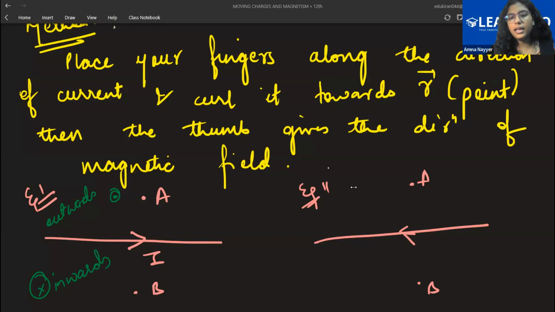So A is inwards and B is outwards. You can use any of these, whichever method you are comfortable with. I prefer the second method personally because I find it convenient. You can use the thumb and curling of fingers, or you can use the palm. Okay, write it.